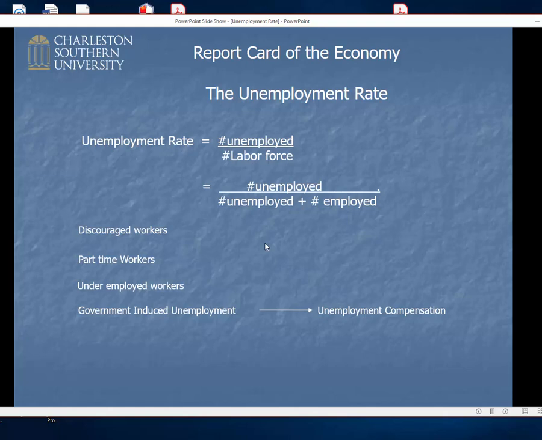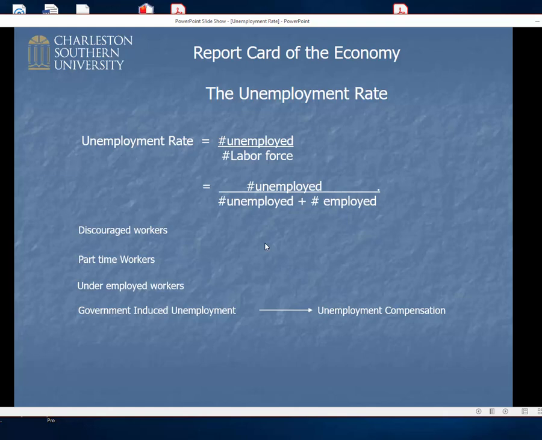But think about it this way. If there was no unemployment compensation program, people would be much more desperate and they would take jobs much quicker. For example, if you got laid off in Charleston and you had children in school here in Charleston and there was no unemployment compensation, and you found a job in Atlanta, you would move to Atlanta because you needed to support your family.